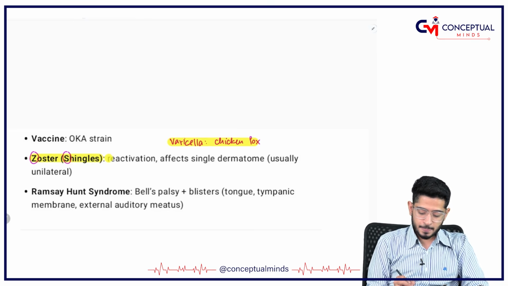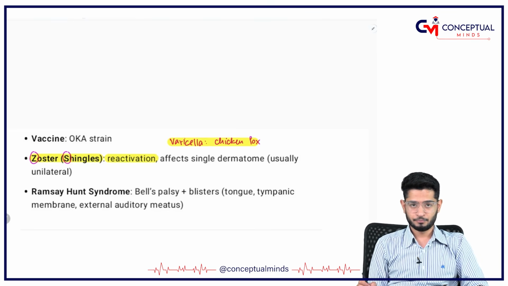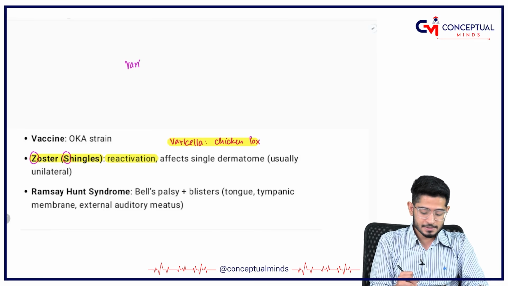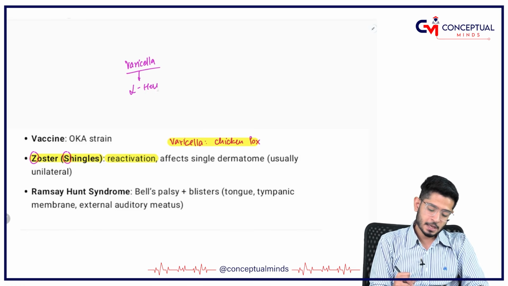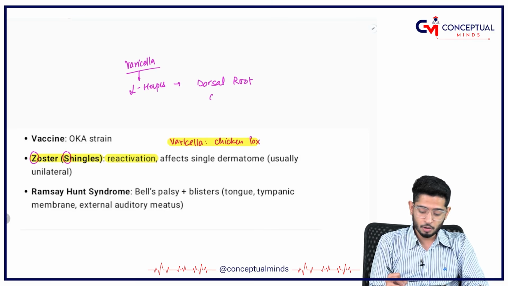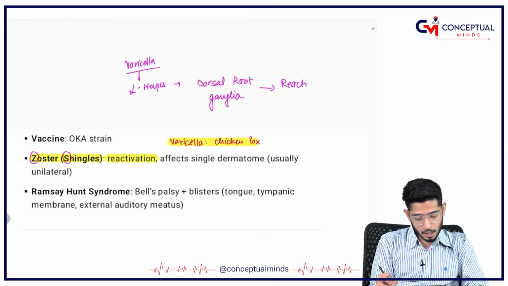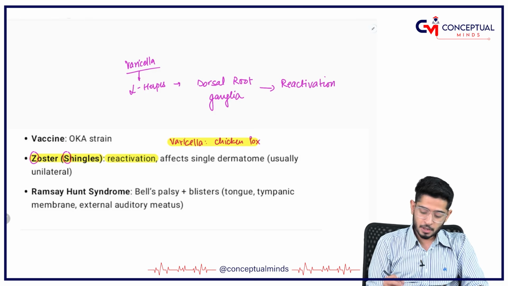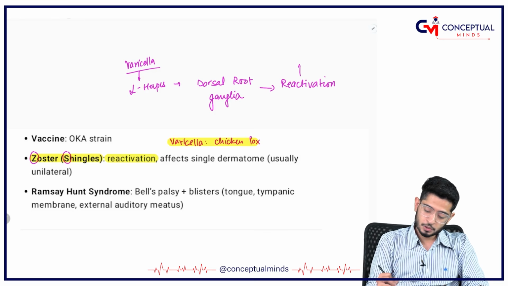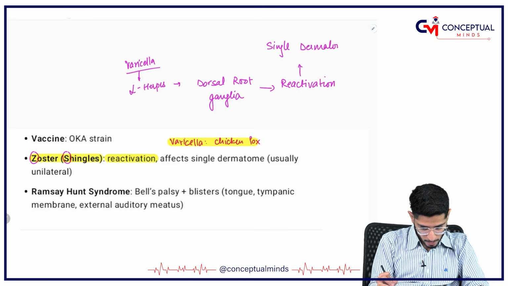Zoster and shingles are the reactivation of Varicella-Zoster virus, because I told you that varicella belongs to the alpha class of herpes, and they have a habit to hide themselves in the ganglia. Varicella hides itself in the dorsal root ganglia of the spinal cord, and then it may show reactivation. When it shows reactivation, it is going to affect a single dermatome. Why?